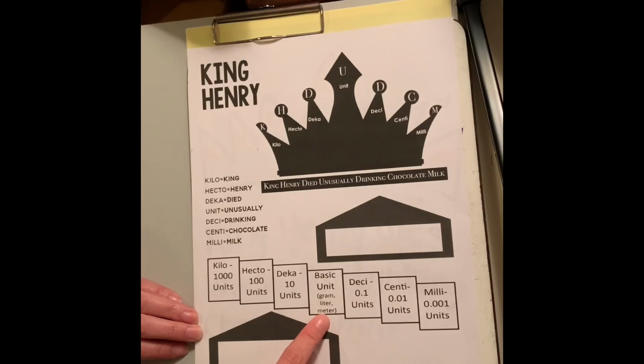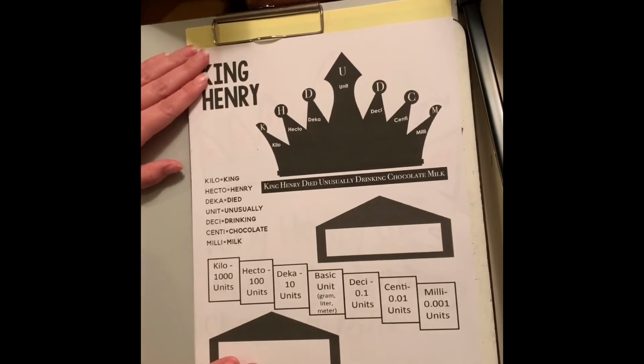And as it gets smaller, a tenth of a meter is a decimeter, a hundredth of a meter is a centimeter, and a thousandth of a meter is a millimeter. As it gets bigger, we have 10 meters is a decameter, 100 meters is a hectometer, and 1,000 meters is a kilometer.